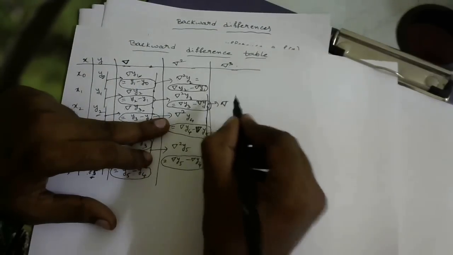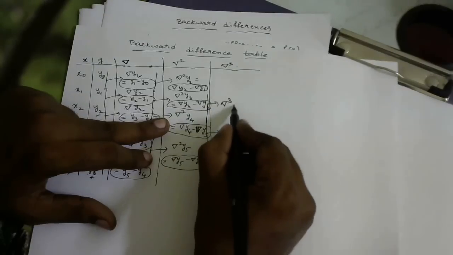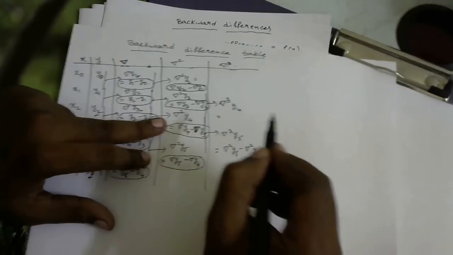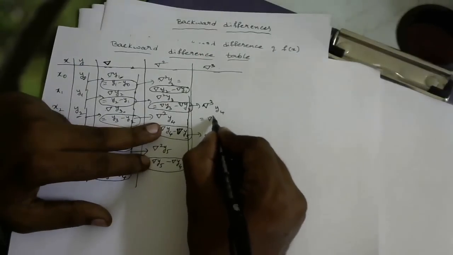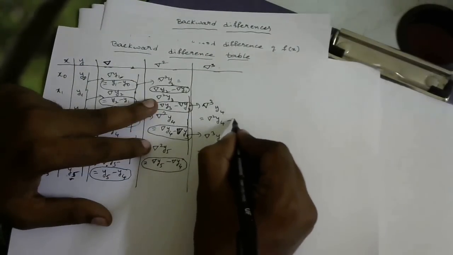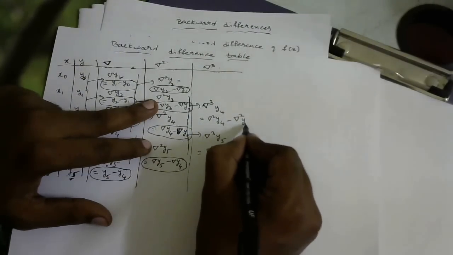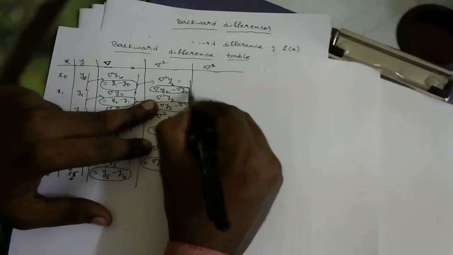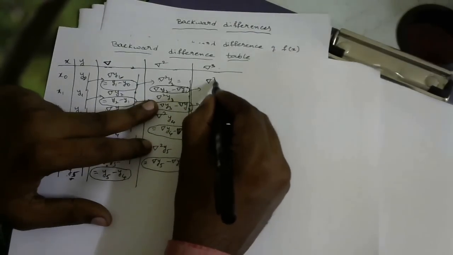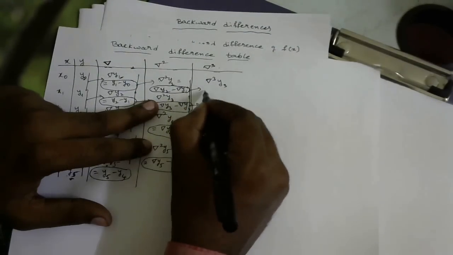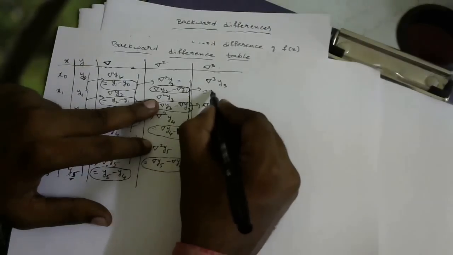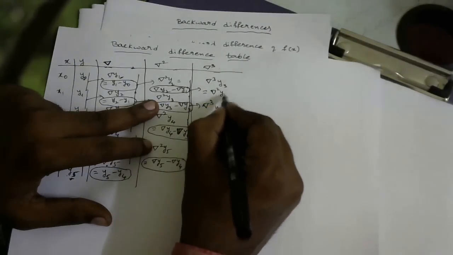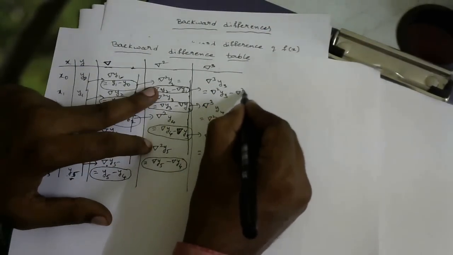Del cube y4 equals del square y4 minus del square y3. Del cube y3 equals del square y3 minus del square y2.